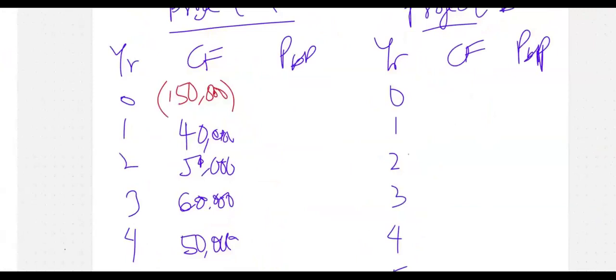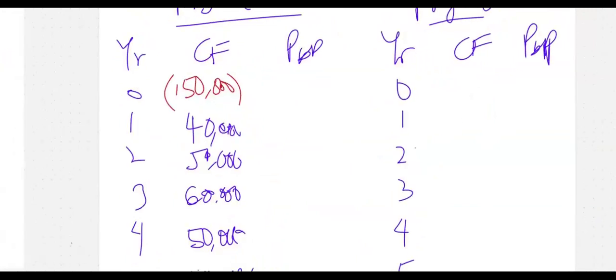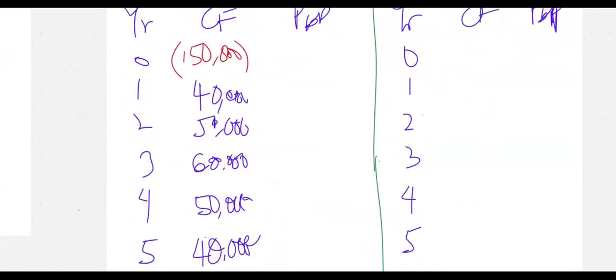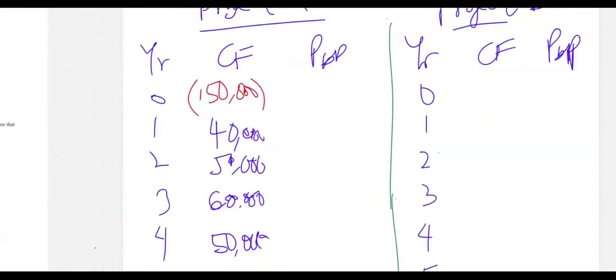Let's work on project A first before we go and work on project B. So project A. So we have 150,000.